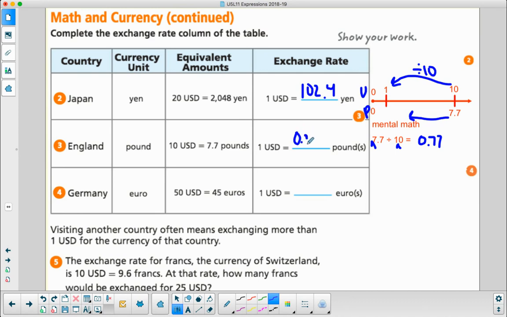Now, is my answer reasonable? I always want to check that. Well, seven is less than 1 pound per dollar. I have less than 1 pound per my dollar.